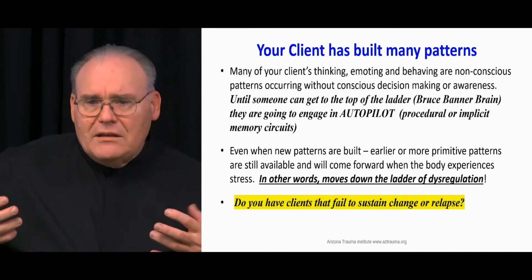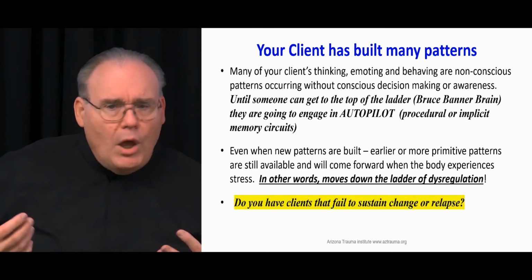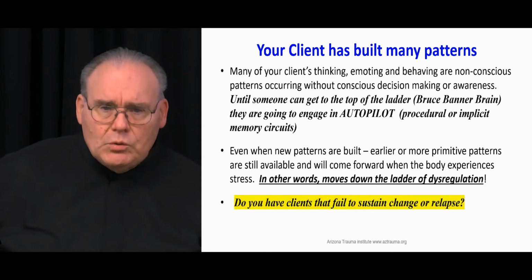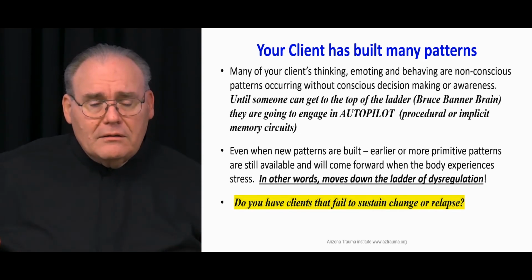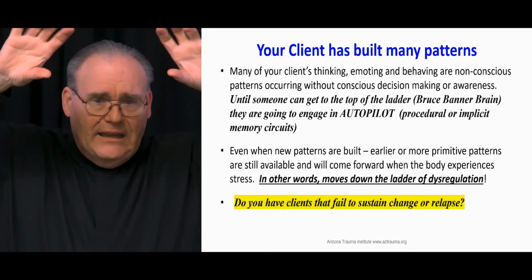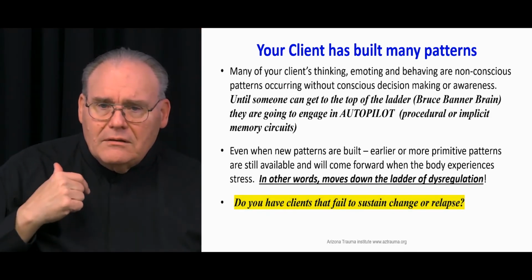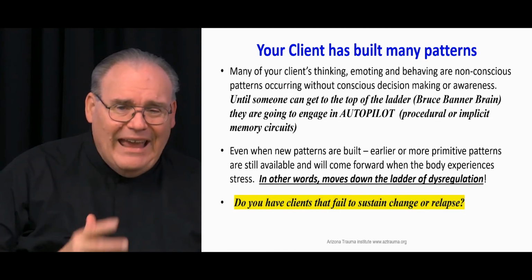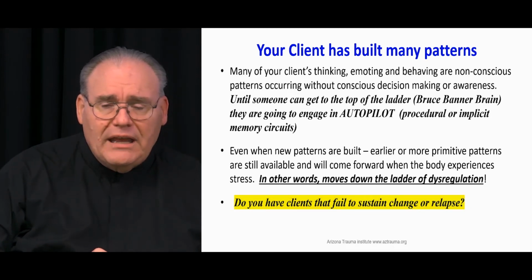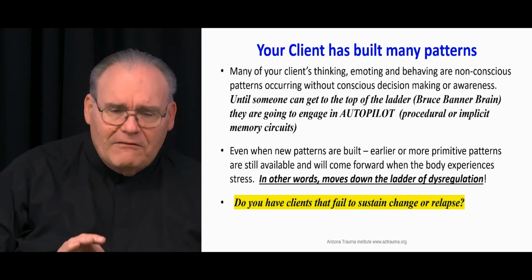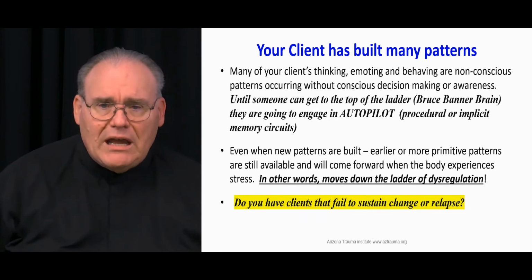I mean, most of what we do is automatic, and a lot of it is instinctual. However, we do have the ability to get to the top of the ladder. But people with histories of toxic stress, adversity, and trauma are going to have difficulty doing that because most of their neural pathways have been built outside the range of tolerance.